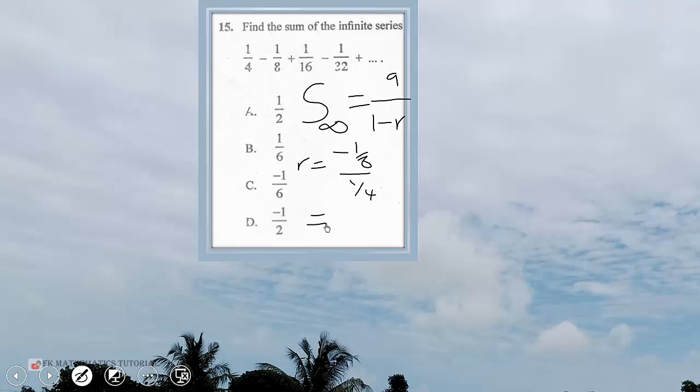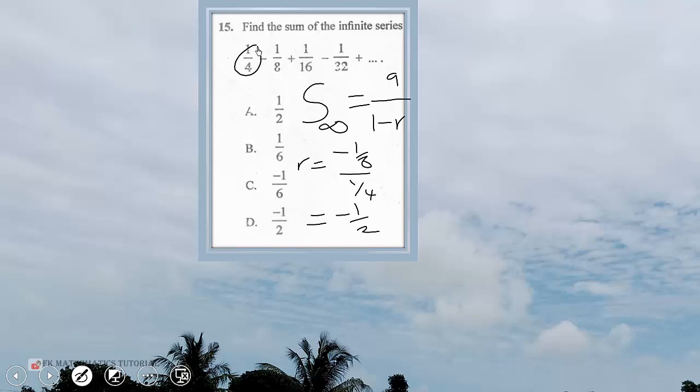When you simplify this, you get negative 1 over 2, because negative 1 over 8 times 4 over 1 is negative 1 over 2.